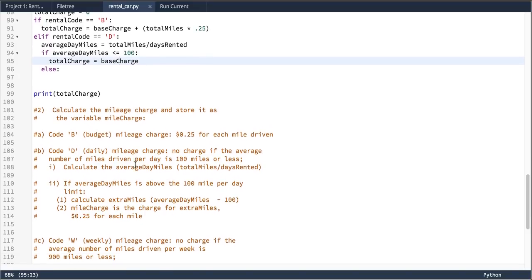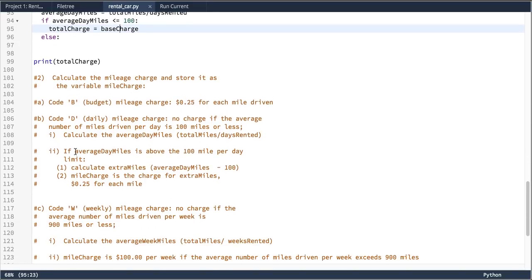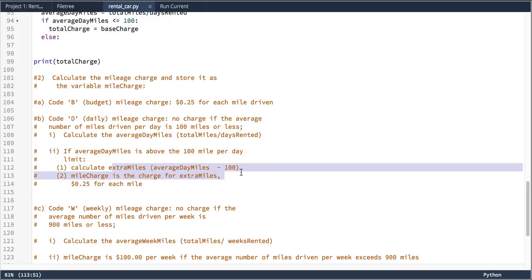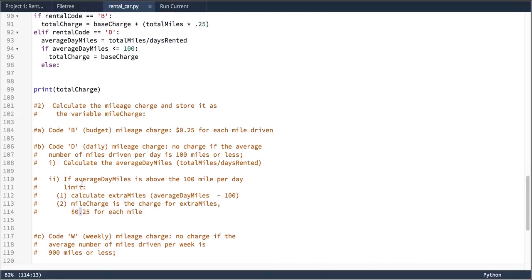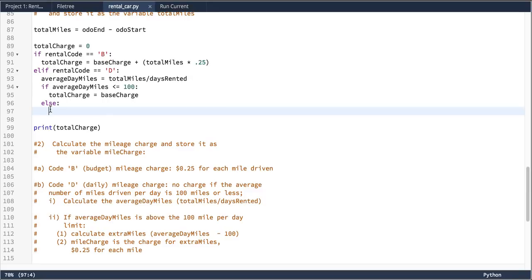However, if it's above 100 miles per day, then the extra miles are going to be charged at 25 cents a mile. So else, we're going to have extra miles equal total miles minus 100.